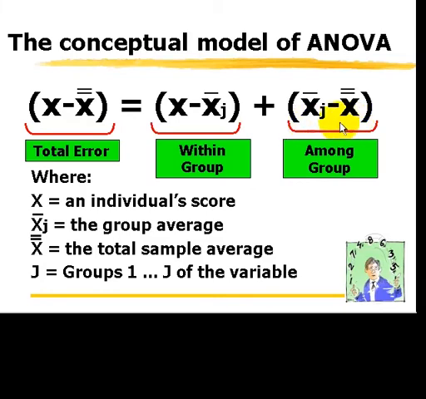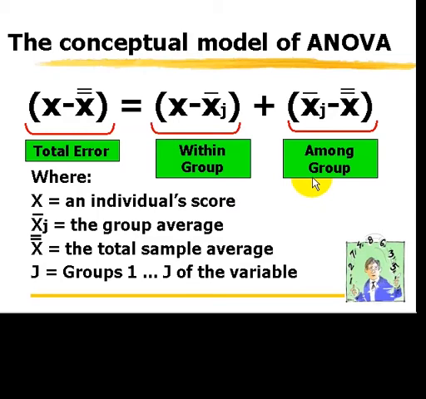This is where we look to find whether or not there is a treatment effect, is to look at the amount of error amongst the treatment group. The less error in this compared to the within group error, in other words, this proportion is higher, indicates that it is statistically significant.